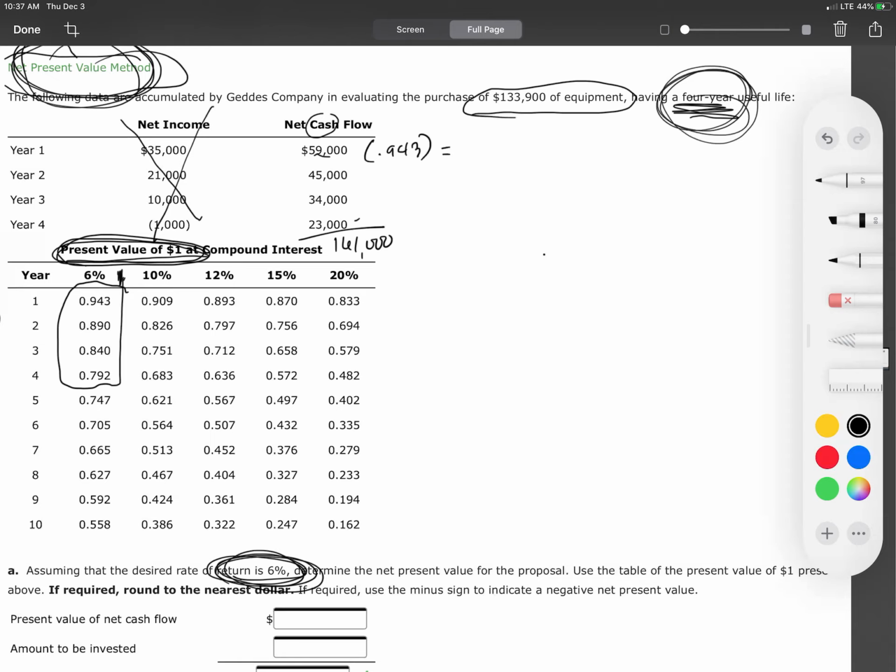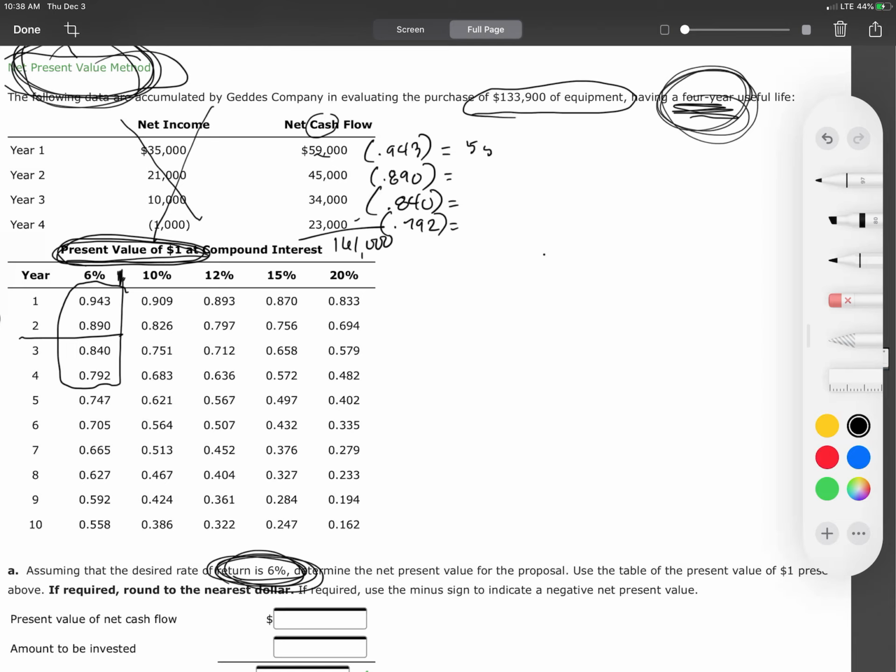And this number, 45,000, will multiply by 0.890. And this number will be received 2 years into the future. So we have to discount it 2 years. See, 2 years, etc. 0.84. And then this one is 0.792.